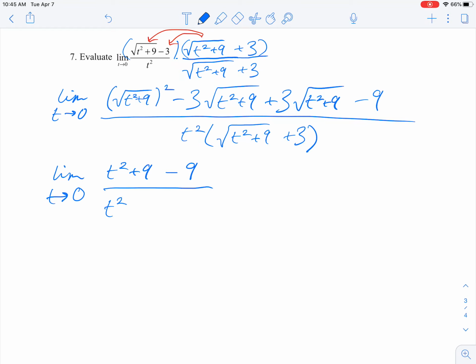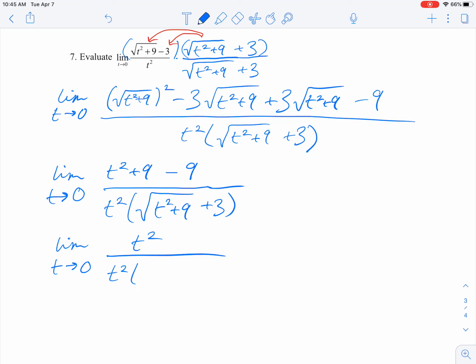That's rather convenient. t squared times root t squared plus 9 plus 3. Let's go a little bit further. This will just be t squared because those 9's canceled out.